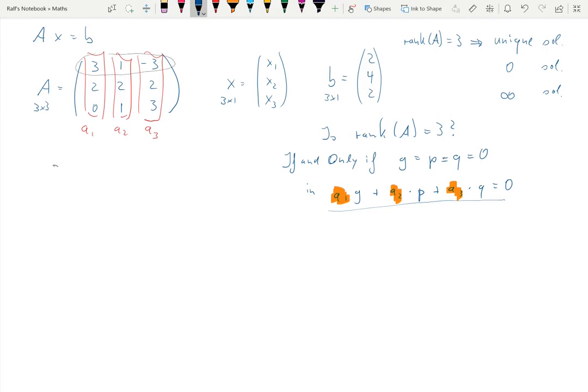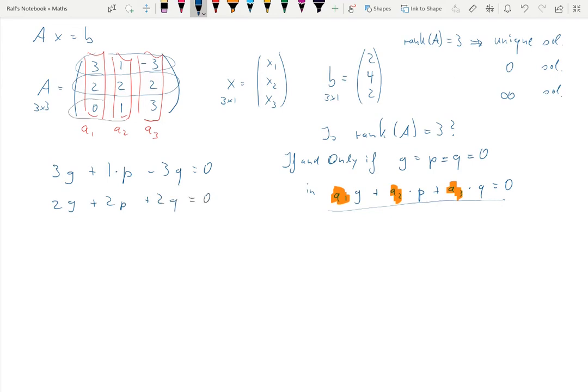That is looking at the first row of the equation system: 3 times G plus 1 times P minus 3 times Q is equal to 0. And we look at the second row: 2 times G plus 2 times P plus 2 times Q is equal to 0.